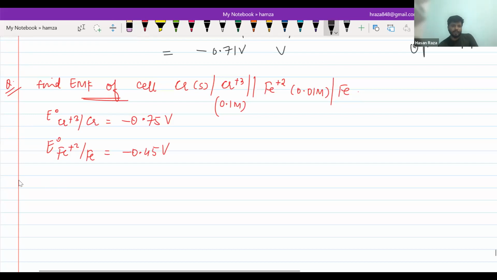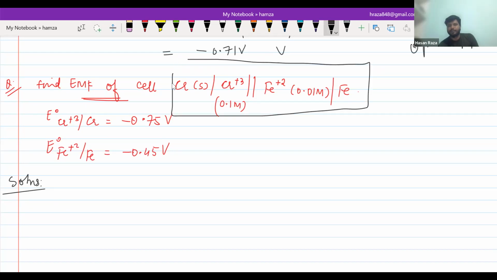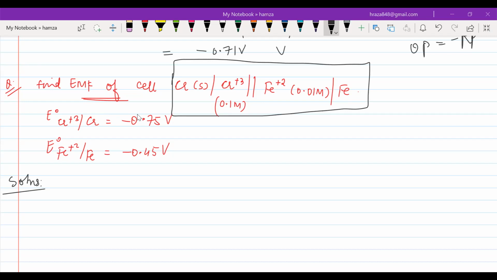So do as I say. First, you are going to write an equation from this representation. I have already taught you how to write an equation from a representation.